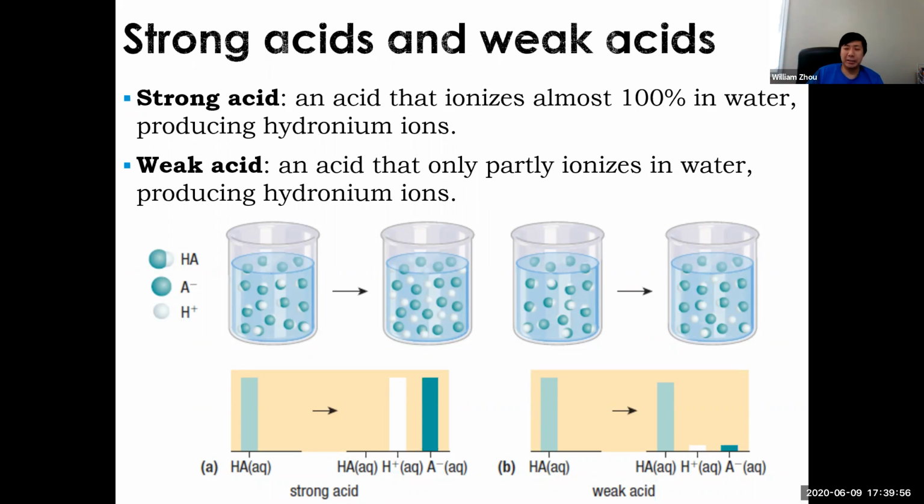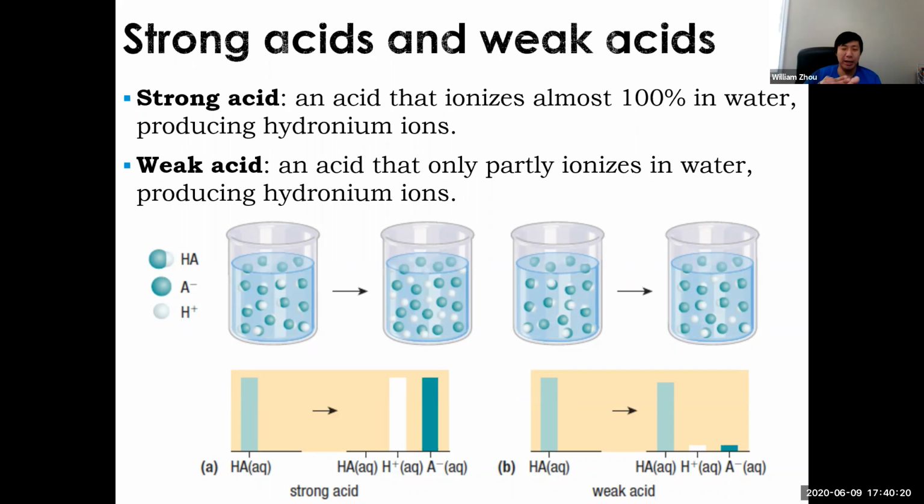If you can get a really, really concentrated vinegar, ethanoic acid or acetic acid, yeah, that will hurt. Okay, that will have a very, very low pH. So you can have a concentrated weak acid or a dilute strong acid. In this case, the weak acid will have a lower pH than a strong acid. It doesn't matter, you're still weak.